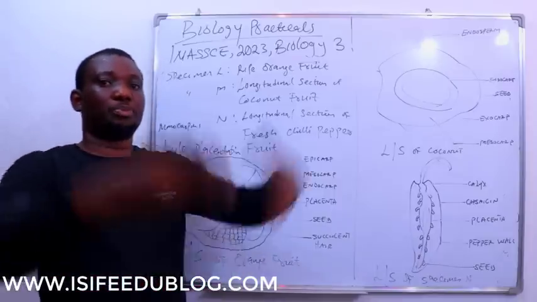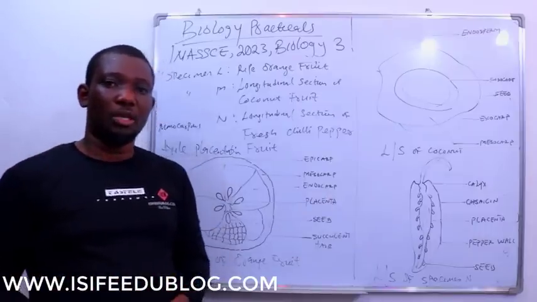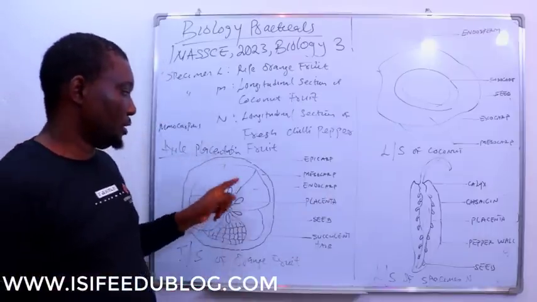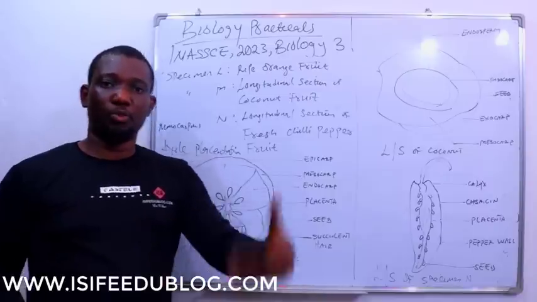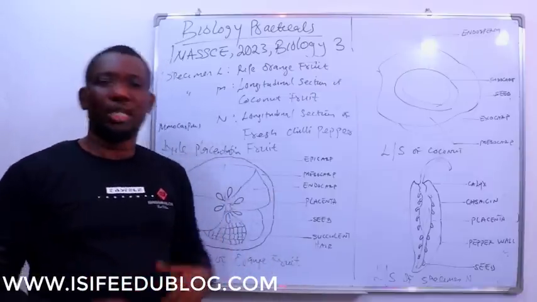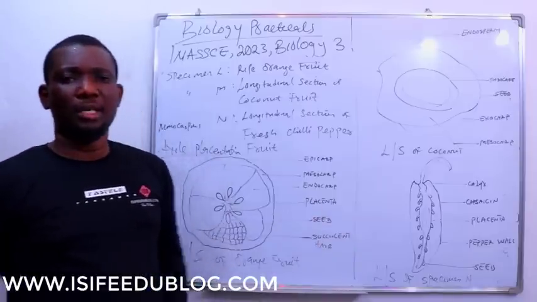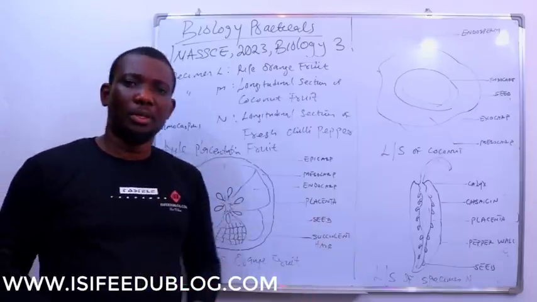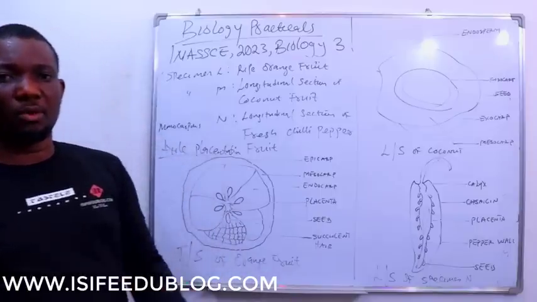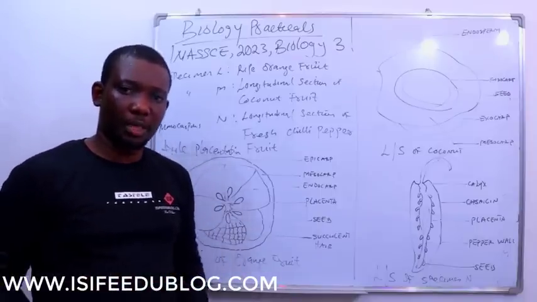Something that can help to spread it, where there will be less competition. So that is what this fruit stands for. The reason why it is dispersed by man is that the fruit is edible because it is succulent, fleshy, and also soft.